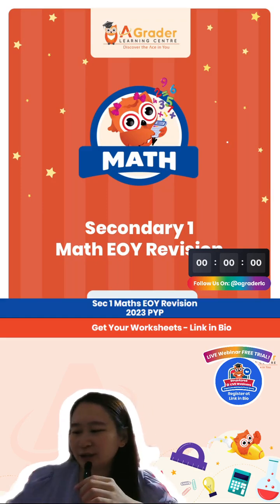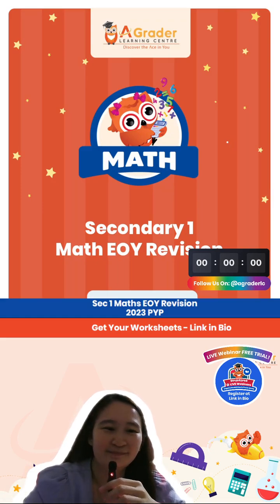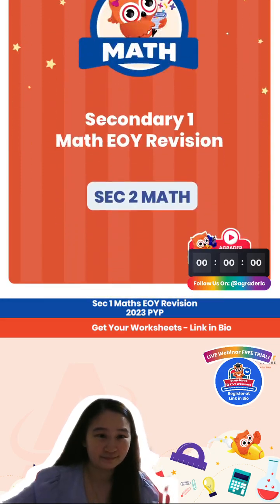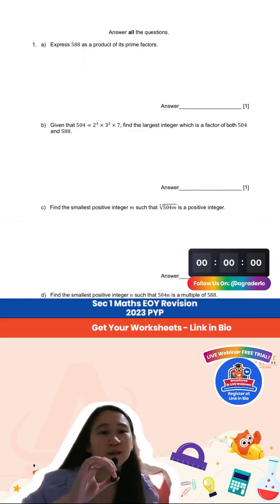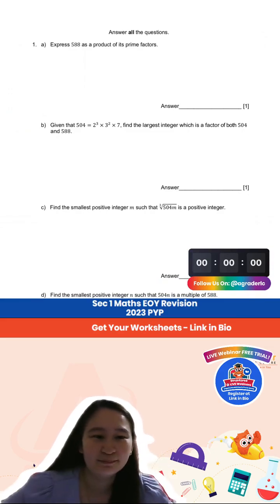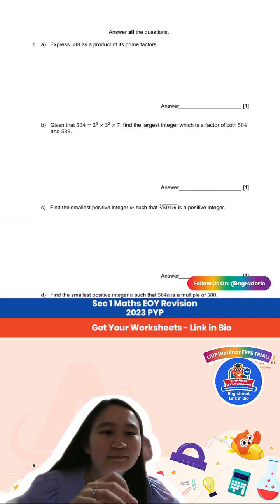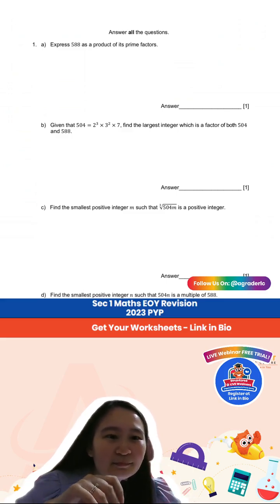Have you tried the worksheet? You can take a look at the first question and try it first. Those who have done can send in your answers for question 1A.